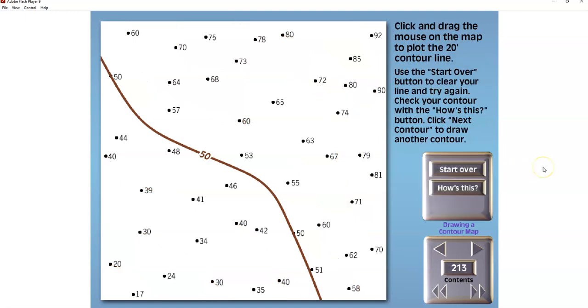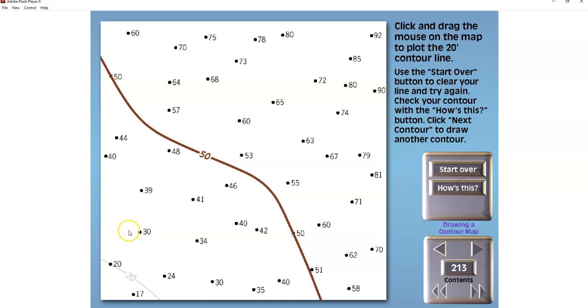Click and drag the mouse on the map to plot the 20-foot contour line. Use the Start Over button to clear your line and try again. Check your contour with the How's This button. Click Next Contour to draw another contour. So this is kind of interactive. They want us to draw the 20, but it doesn't really draw it. I'm just kind of moving the mouse in this general area.